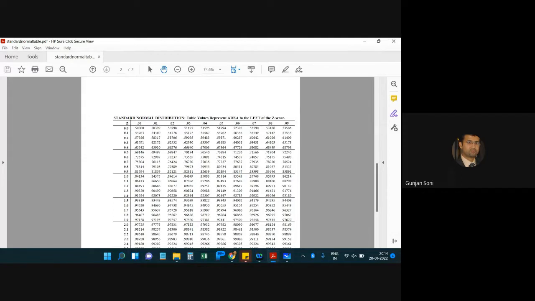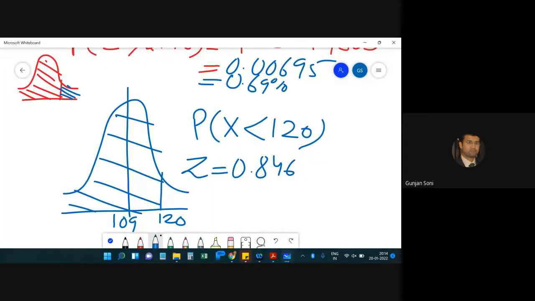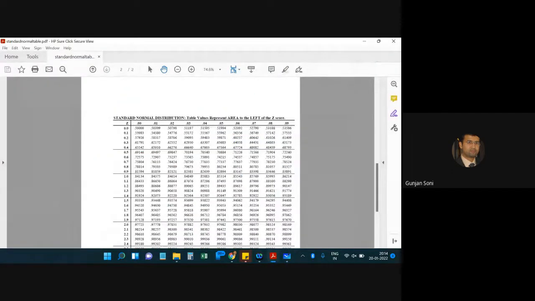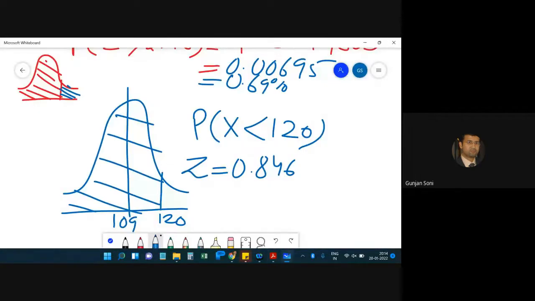So this was 0.78814. 0.84. We will look across here. This is the value, 0.79955. We write that over here. 0.79955 is that area.